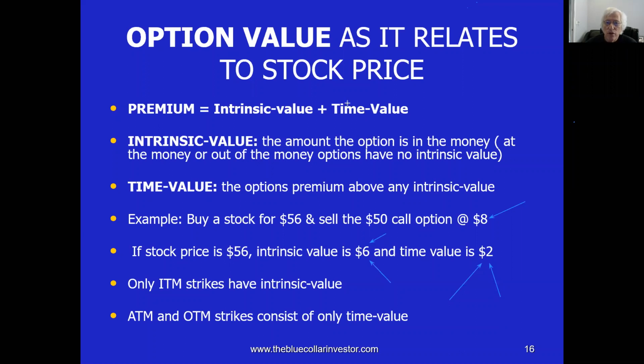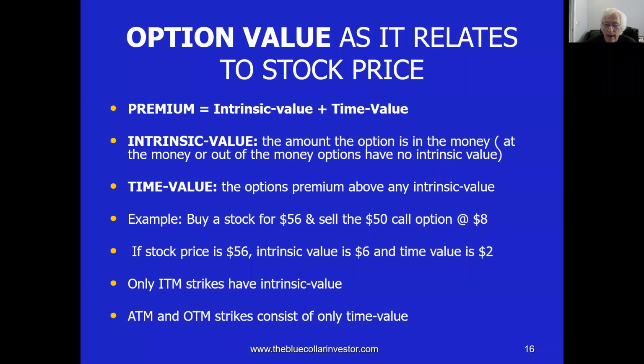Now, for those of you that are concerned about doing the math, don't worry about it. The Ellman calculator will do all this math for you, as you will see. Now, at the money strikes, buy a stock at 30 and agree to sell it for 30. And out of the money strikes, buy a stock at 48 and agree to sell it for 50.